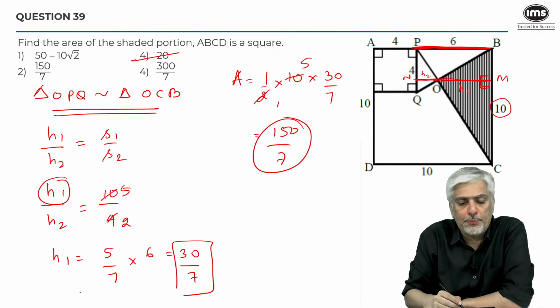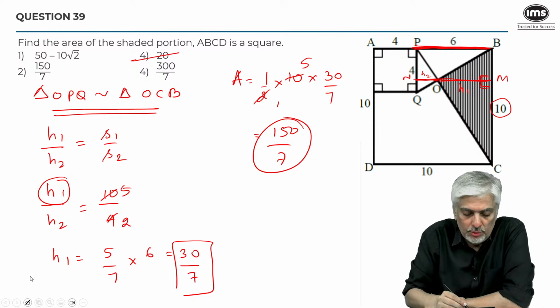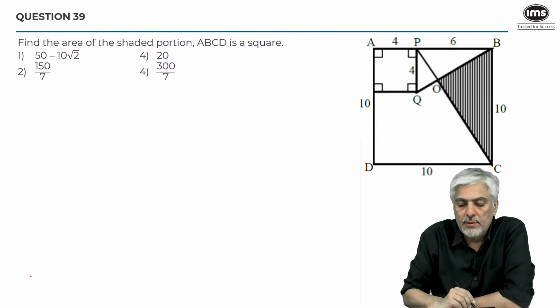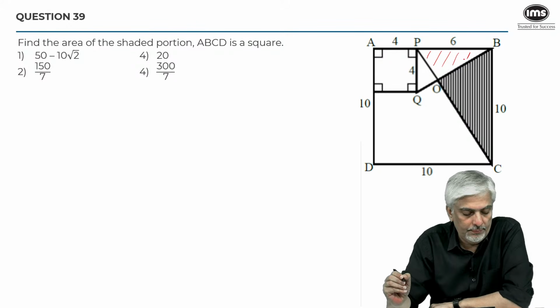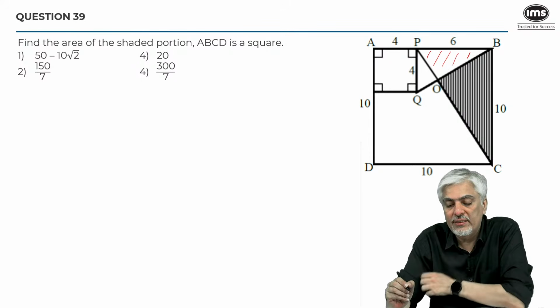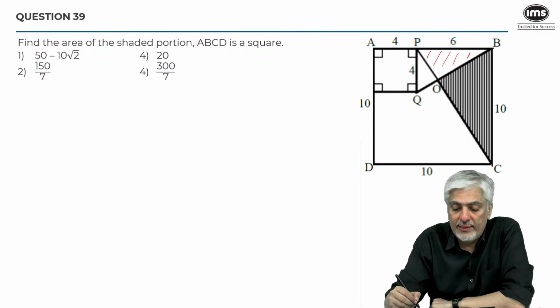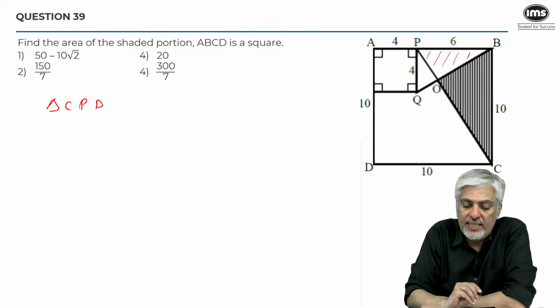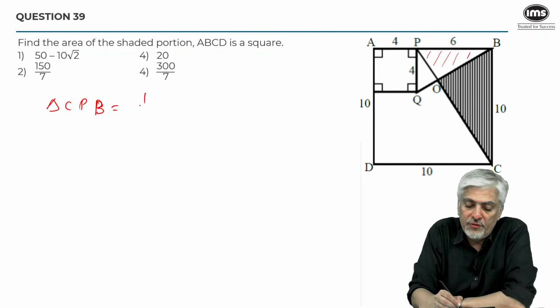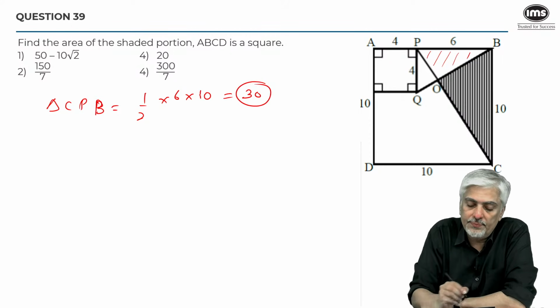I'm clearing out this approach from the screen and doing one more approach. Now, look at this red part. If I find the area for this part, 150 by 7, not 21, Sumit. If I can find the area for the red part, I can find area of triangle CPB first. Area of triangle CPB is half into 6 into 10, which is 30.